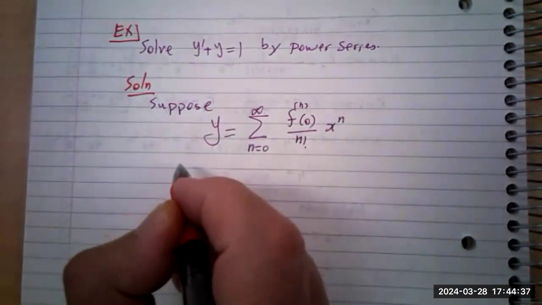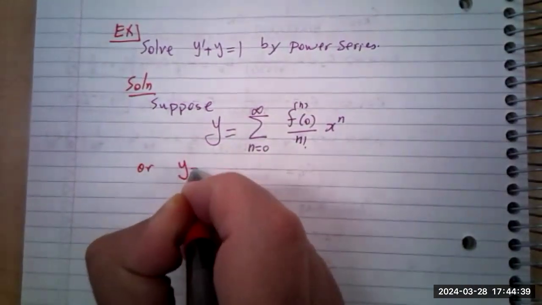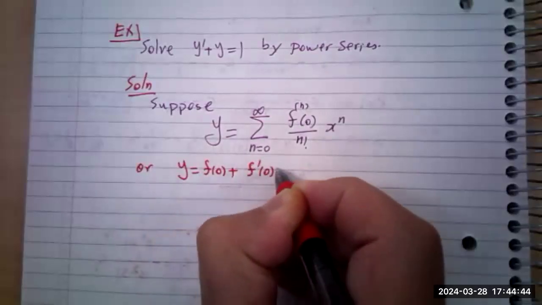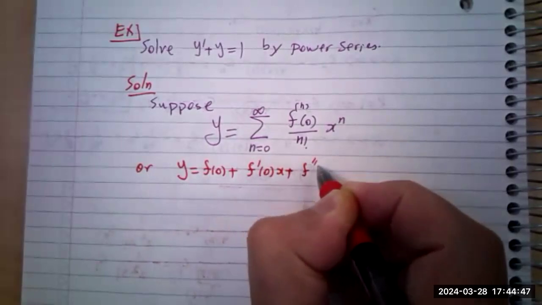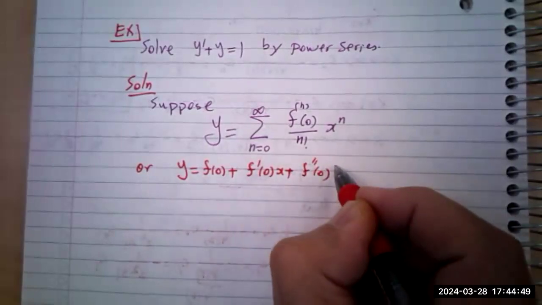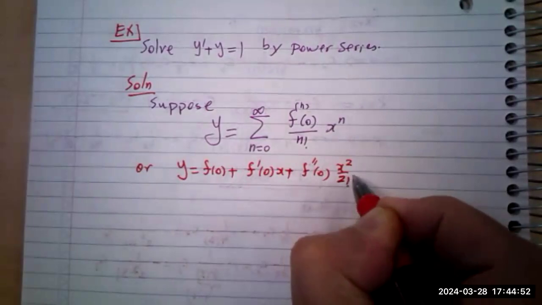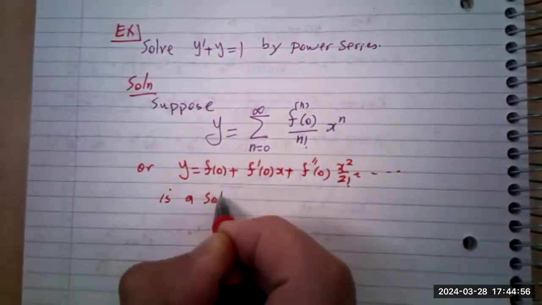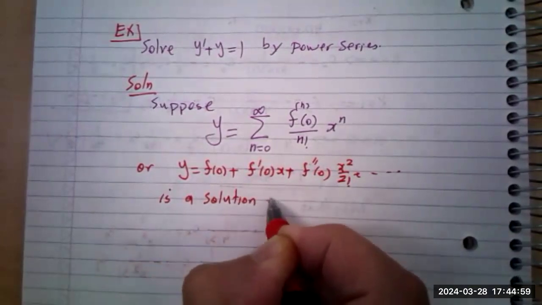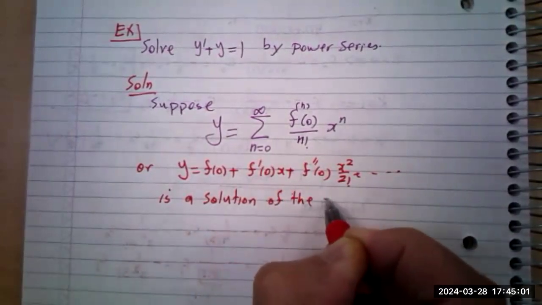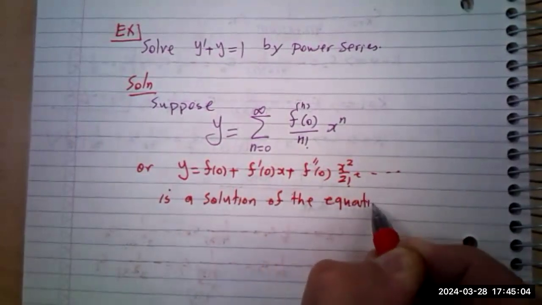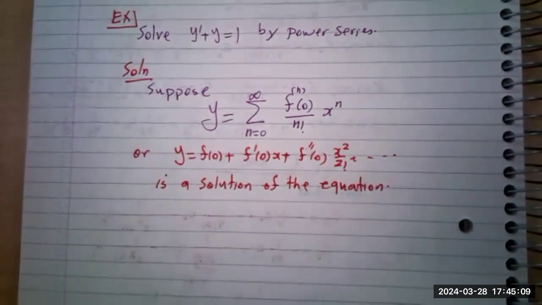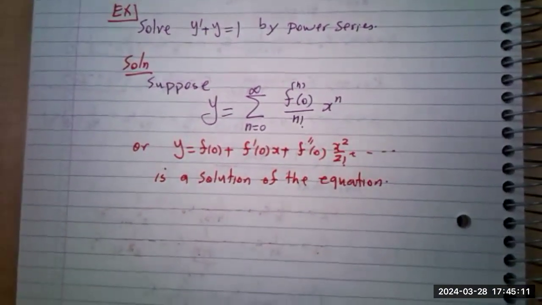That is y equal to f of 0, plus f prime of 0 times x, plus f double prime of 0 times x squared over 2 factorial, etc., is a solution of the equation. Now go and find this f of 0, etc.